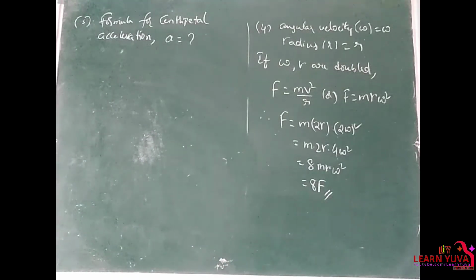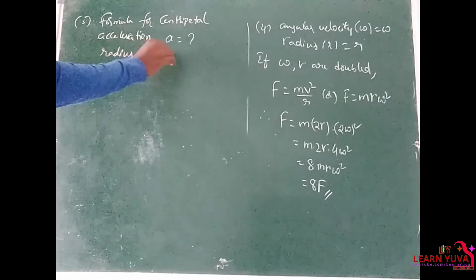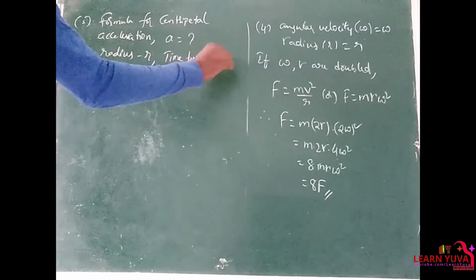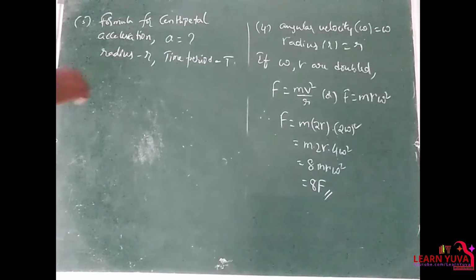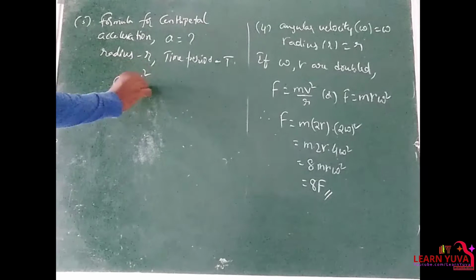The formula for centripetal acceleration in terms of radius r and time period T. Radius r, time period T. Right? In this we need the centripetal acceleration. So A is equal to formula v square by r.